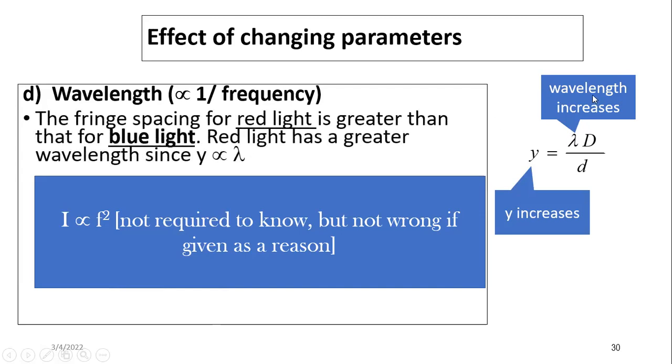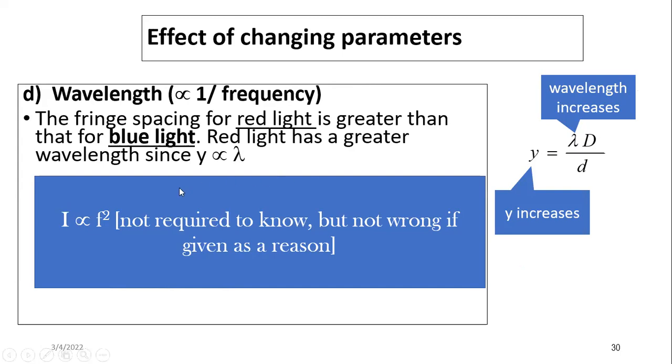So if you increase the wavelength, it means you are decreasing the frequency. Fringe spacing of red light is greater than blue light. Can see from the formula. Y for red, longer wavelength, Y is larger. For blue, shorter wavelength, Y is smaller.